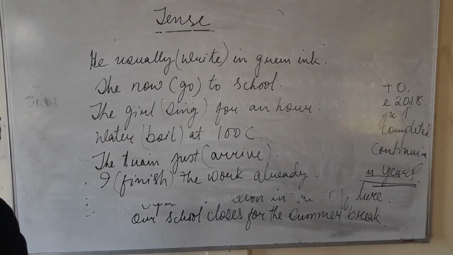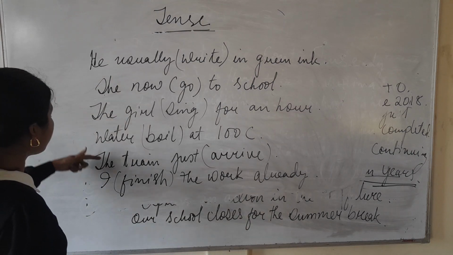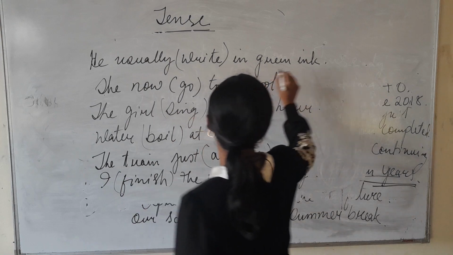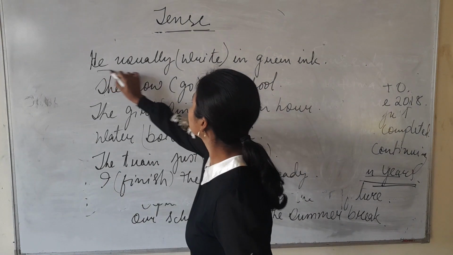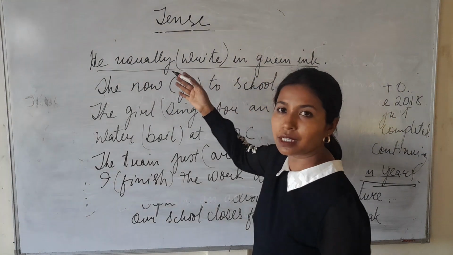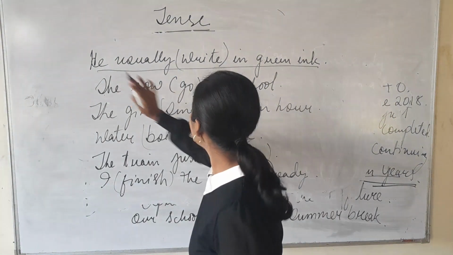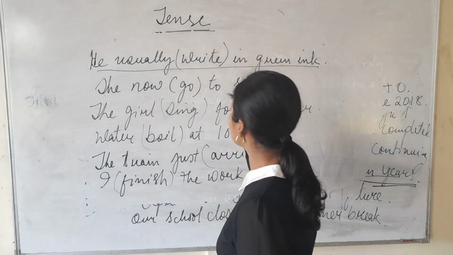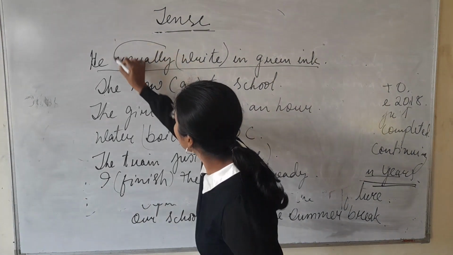So here we have a few sentences, 1, 2, 3, 4, 5, 6, which have to be corrected. First, we have: he usually write in green ink. We have to check what tense it is. It is present tense. It doesn't have any be verb. Subject is there, verb is there, object is there. On top of that we have the word usually.